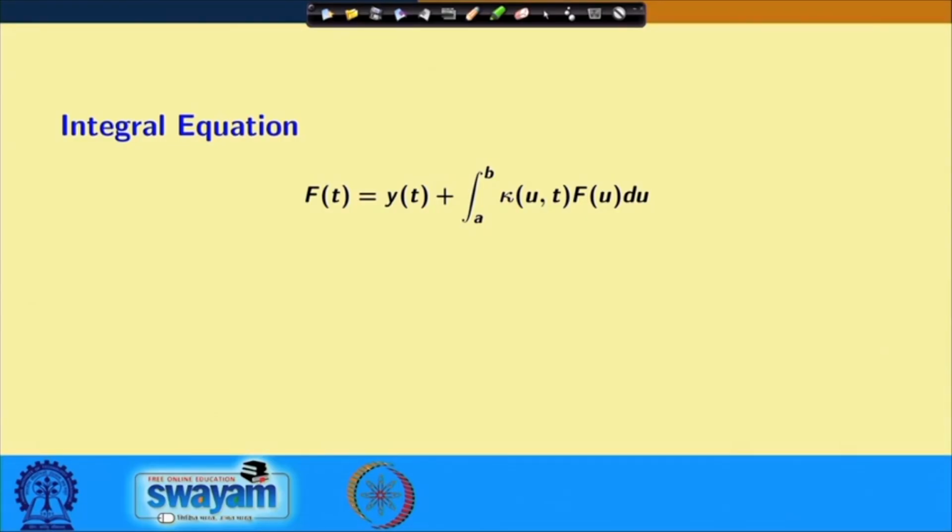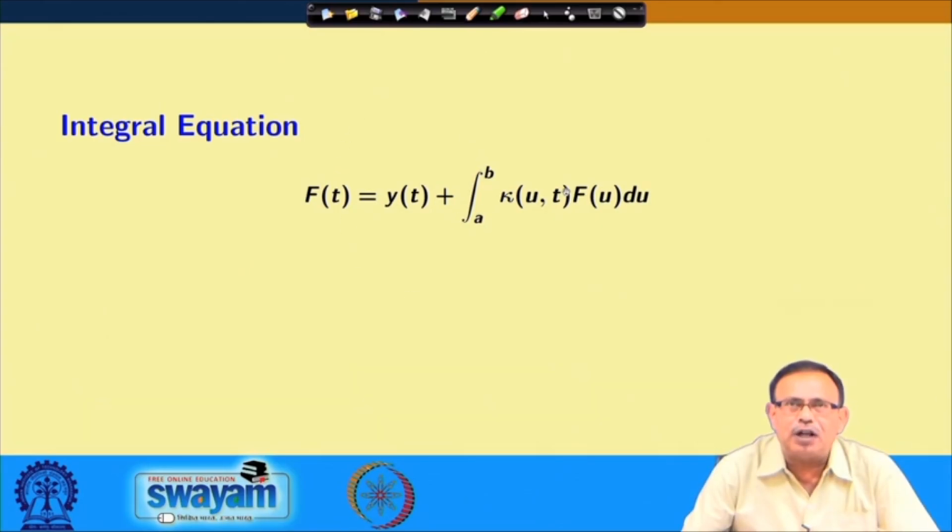You see the form of an integral equation: f(t) equals y(t) plus integral from a to b of k(u, t) f(u) du. This is an integral equation where the function f(t) we have to determine, and your f(t) is coming under the integral sign also.